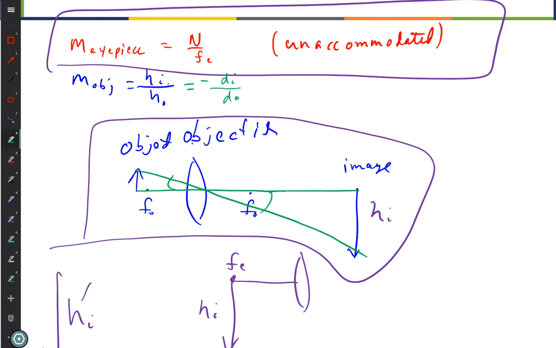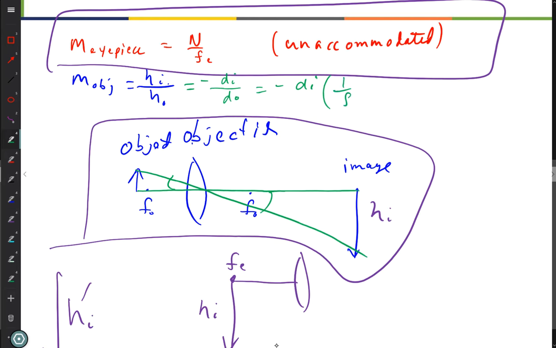From the work we've already done twice, we know that this is equal to minus distance image times 1 over distance object, which was 1 over the focal length minus 1 over the distance image. So that's one way of writing it.